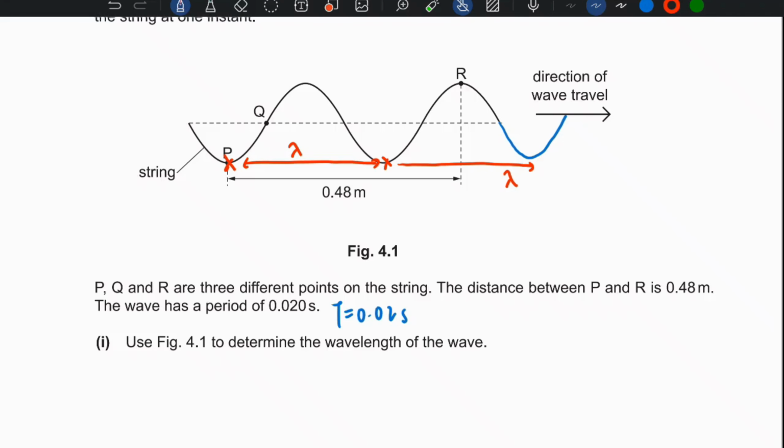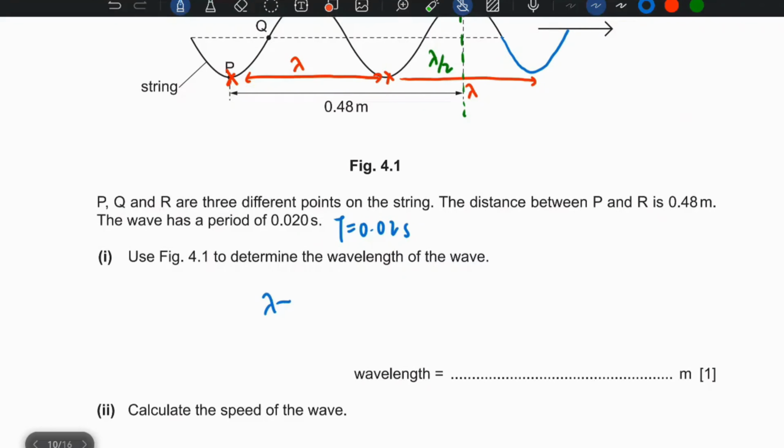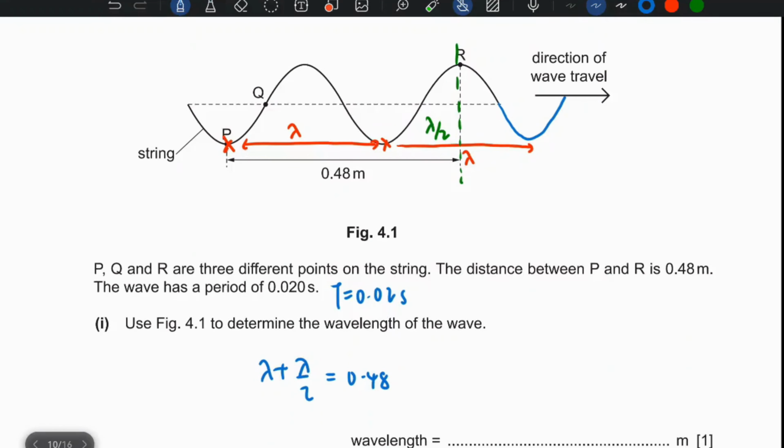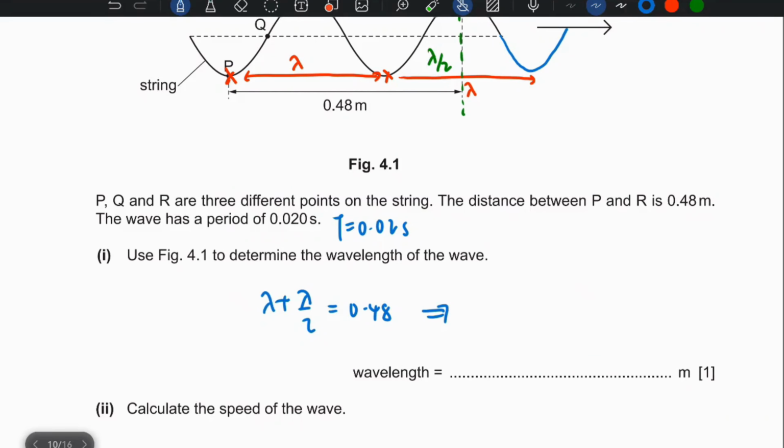So 0.48 stops exactly at half of a wavelength, because this entire thing is lambda, right? So half of it is lambda over 2. That means lambda plus lambda over 2 is equal to 0.48. So you compute your lambda, you get lambda equals 0.32 meters. Yeah, so the answer is 0.32.